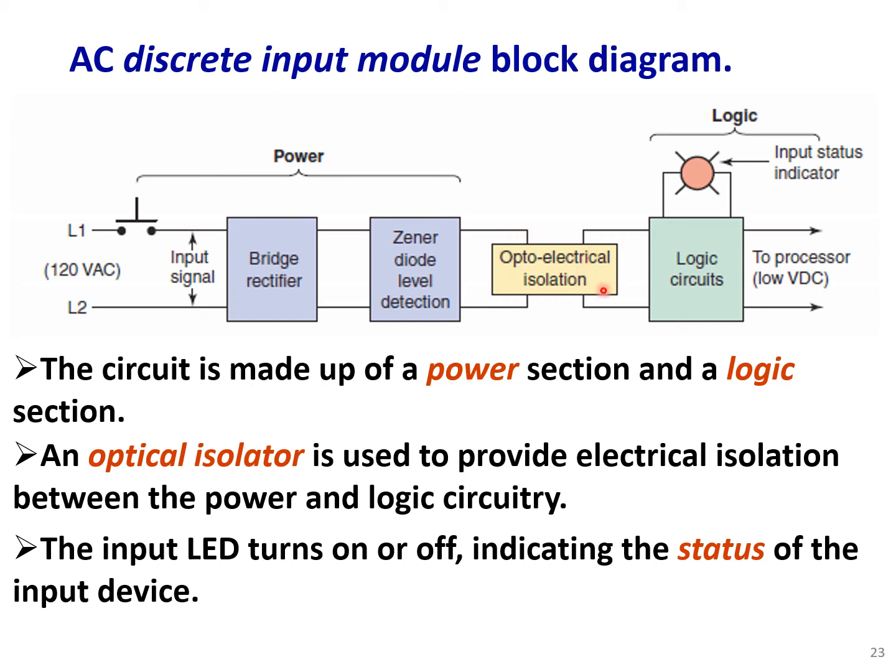So this opto-electrical isolator first isolates the circuit from ambient lights and from any electrical noises in the circuit or in the environment. By this method, we could have very reliable transformation of the data from the power section with high voltage AC to low voltage DC logic circuit.